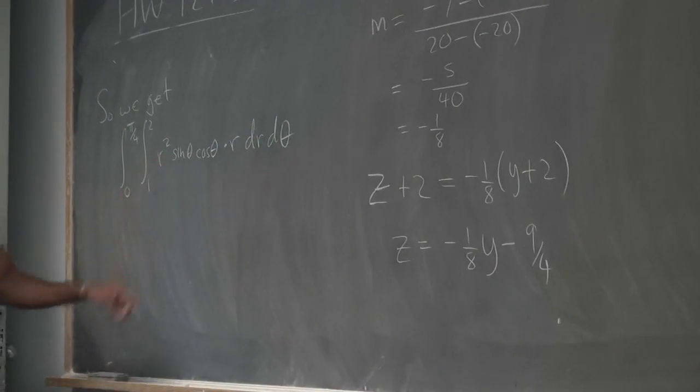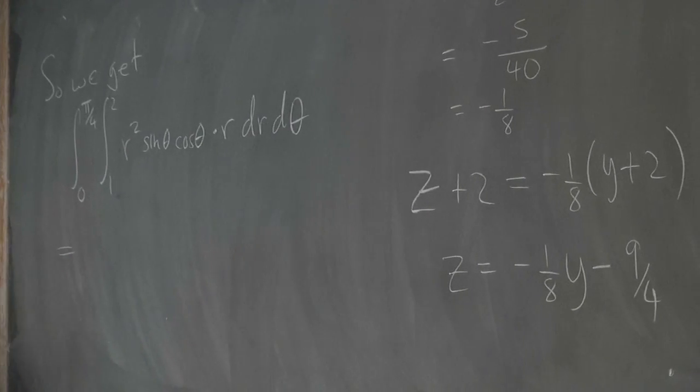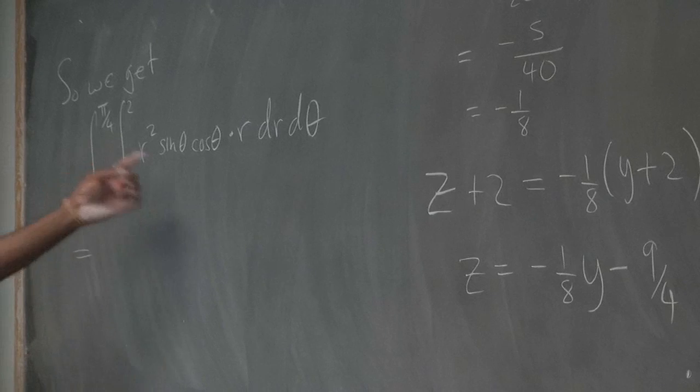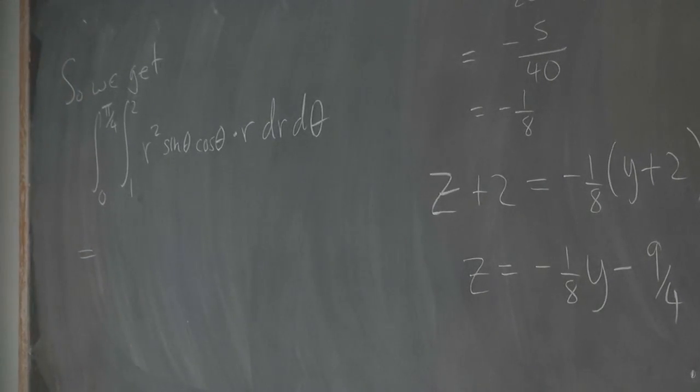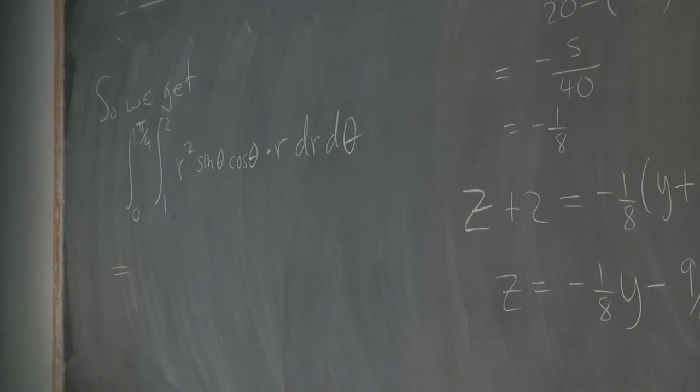All right, this is your xy. And so that's the integral you want to compute. And it's actually the same as doing those 3 double integrals and adding them together. So, and we can do that.